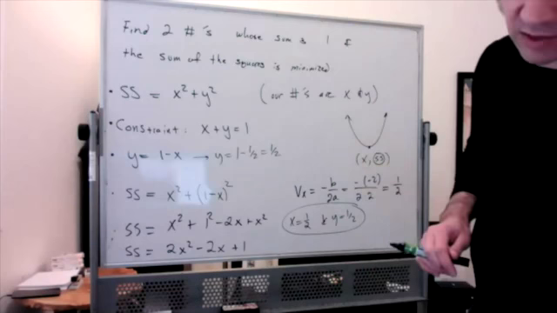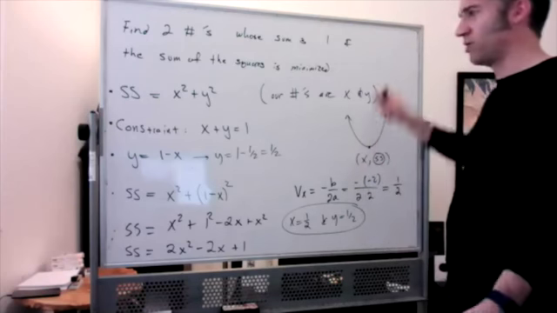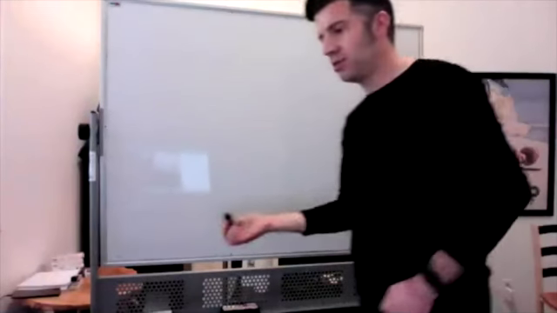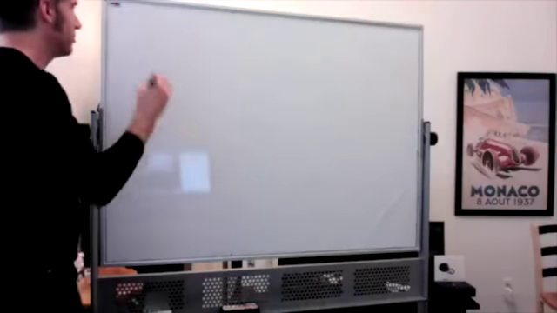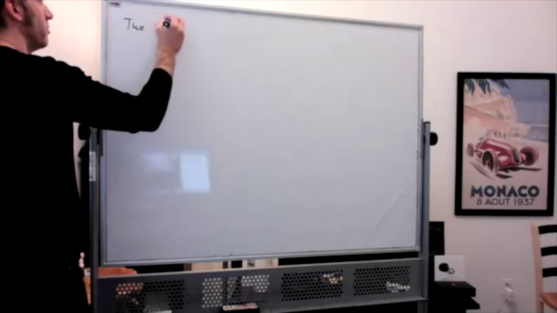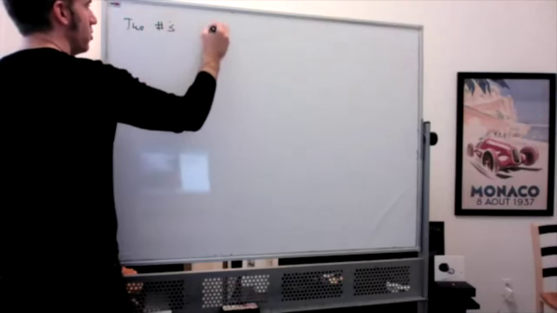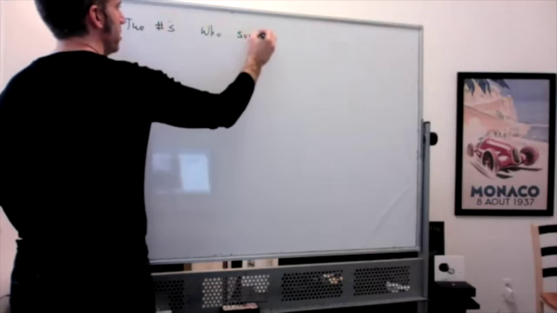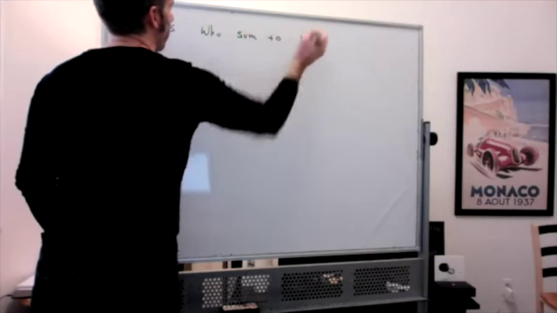I think I'm going to throw in an extra one here, because I think it's worth doing another one of these. So let's say we have, again, two numbers who sum to 12.